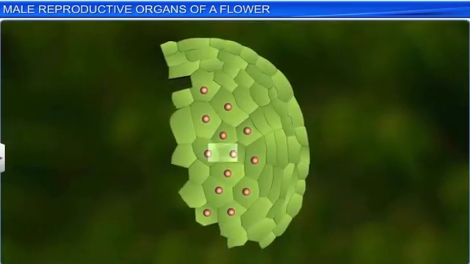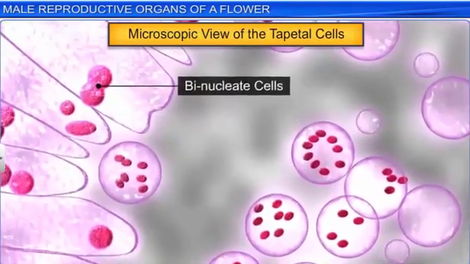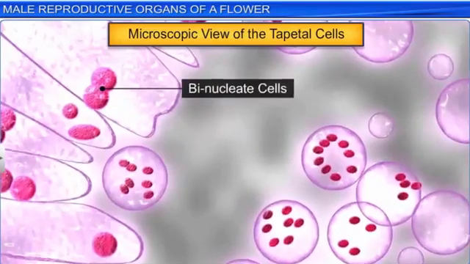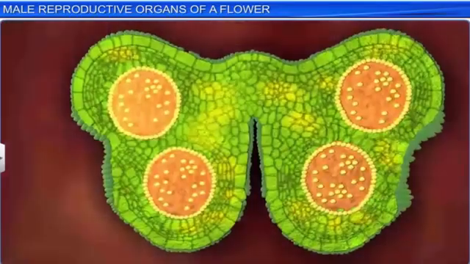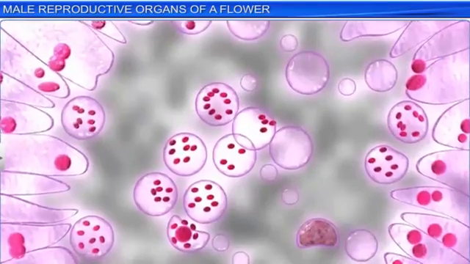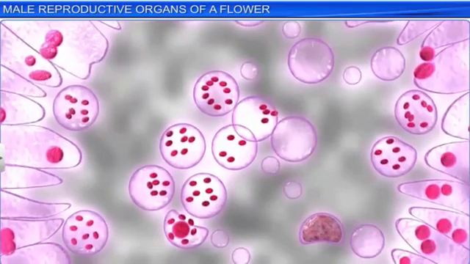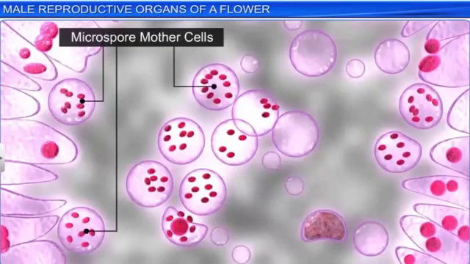While the tapetum, whose binucleate cells possess dense cytoplasm, nourishes the developing pollen grains, the sporogenous tissue, on the other hand, consists of a group of compactly arranged homogeneous diploid cells called microspore mother cells or pollen mother cells.